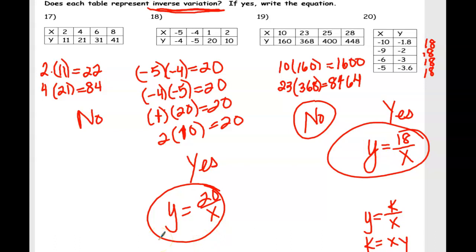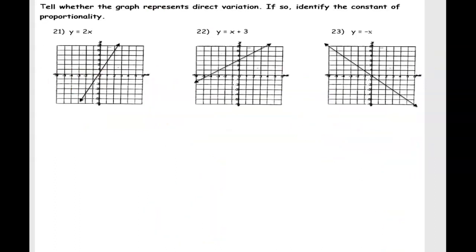Okay, so what we're going to do now is look at some examples of graphs. It says tell whether the graph represents a direct variation. If so, identify the constant of proportionality. If it goes through the origin, we can say that it is, and in this case, the constant is the slope.